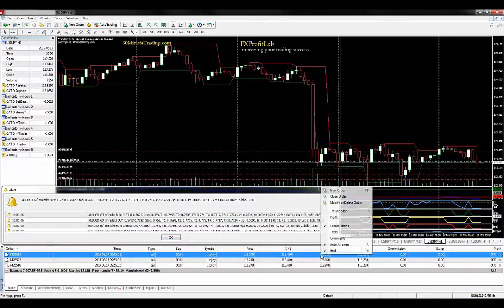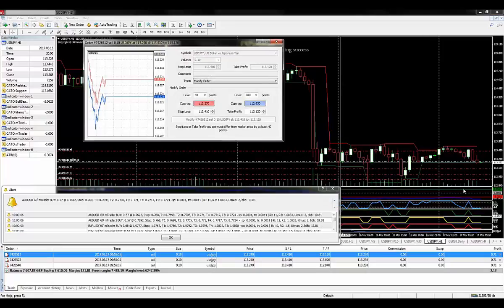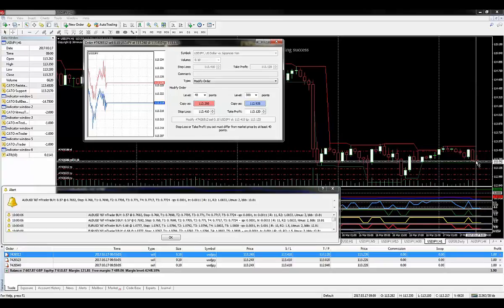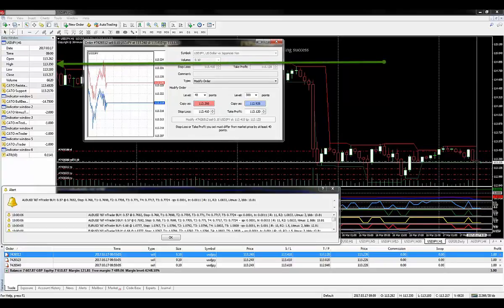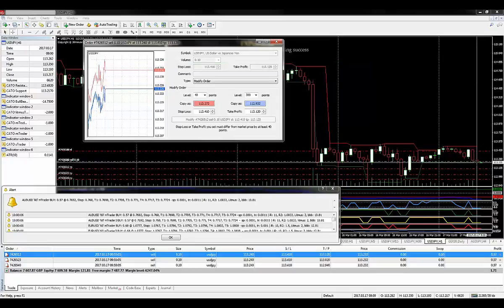So my stop is the high of the prior candle. There we are, that's the prior candle. The high is 113.35. Add 1 pip plus 2 pips for the spread for conservatism.